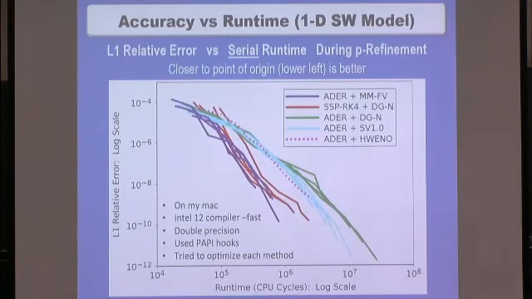What we're seeing here is basically the SSP RK4 nodal discontinuous Galerkin method. This is very similar to spectral element. It's just a flux instead of an averaging, and it's about 10% more expensive than spectral element. It has about the same efficiency in serial as the ADER multi-moment finite volume method, which I consider to be a pretty good result because in parallel you're going to have a larger time step and less parallel communication.